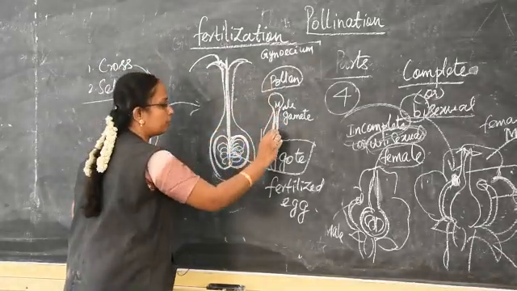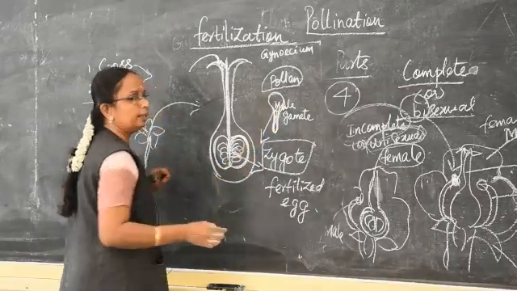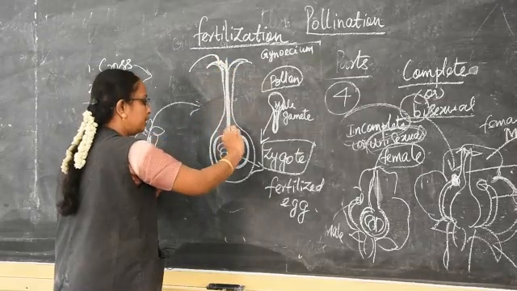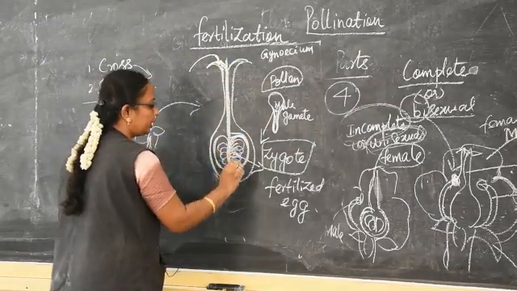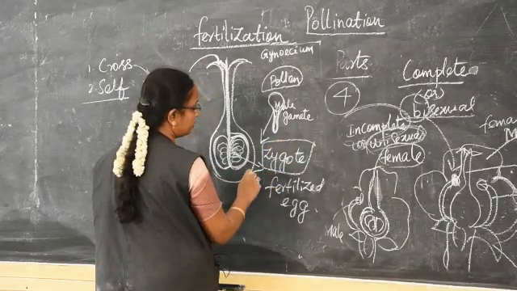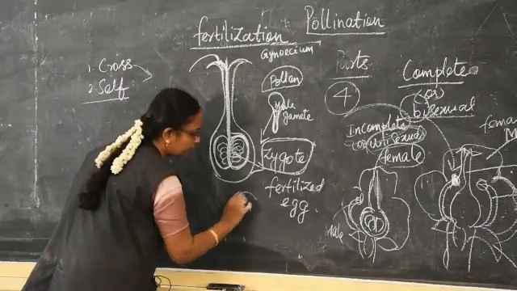It develops a tube-like structure carrying the male gamete. With the help of the style, it reaches the ovary and fuses with the female gamete. What does it form? It forms the fertilized egg called the zygote.